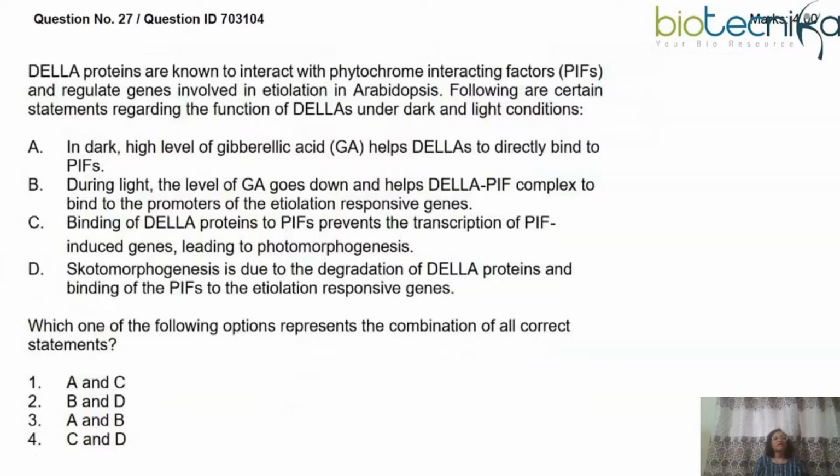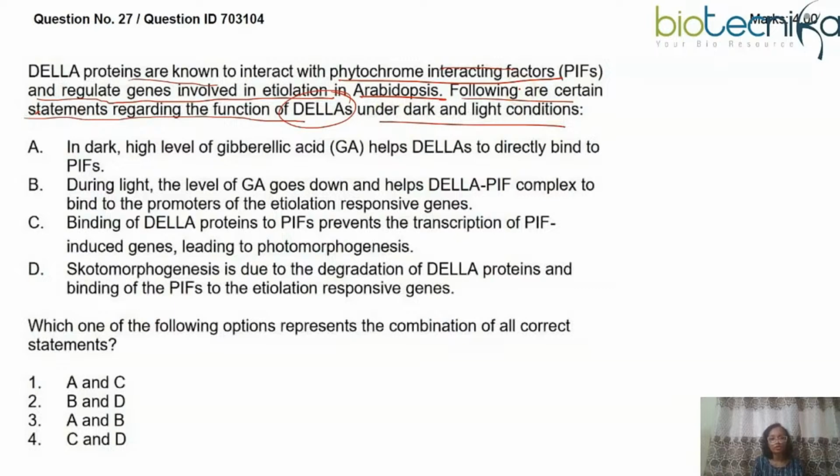Next, DELLA proteins are known to interact with phytochrome interacting factors and regulate genes involved in etiolation in Arabidopsis. Following are certain statements regarding the function of DELLAs under dark and light conditions.